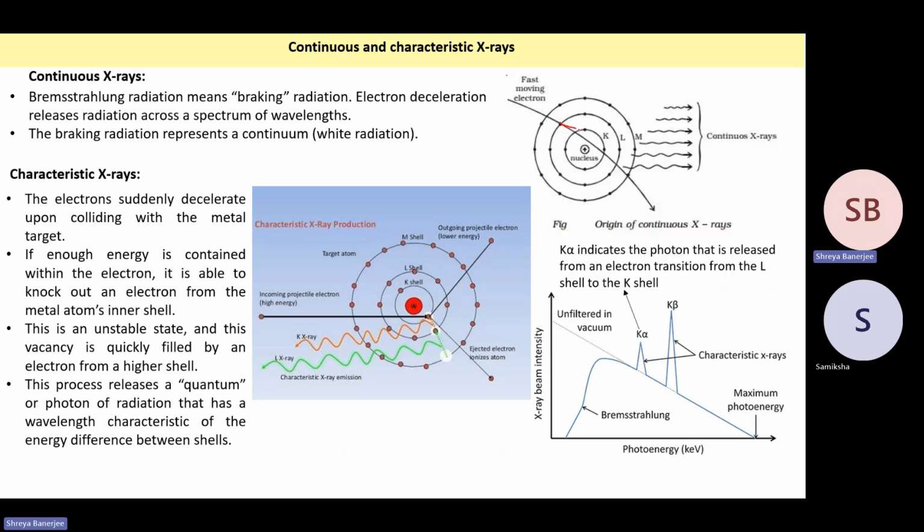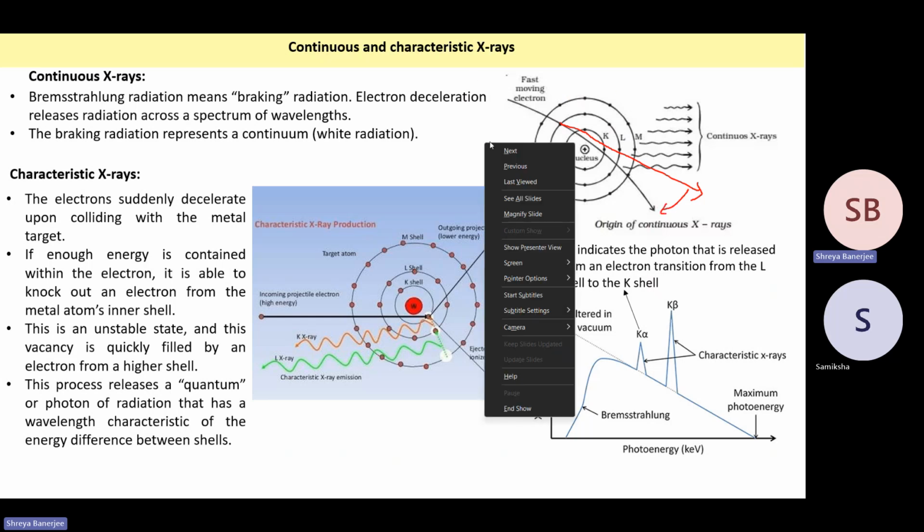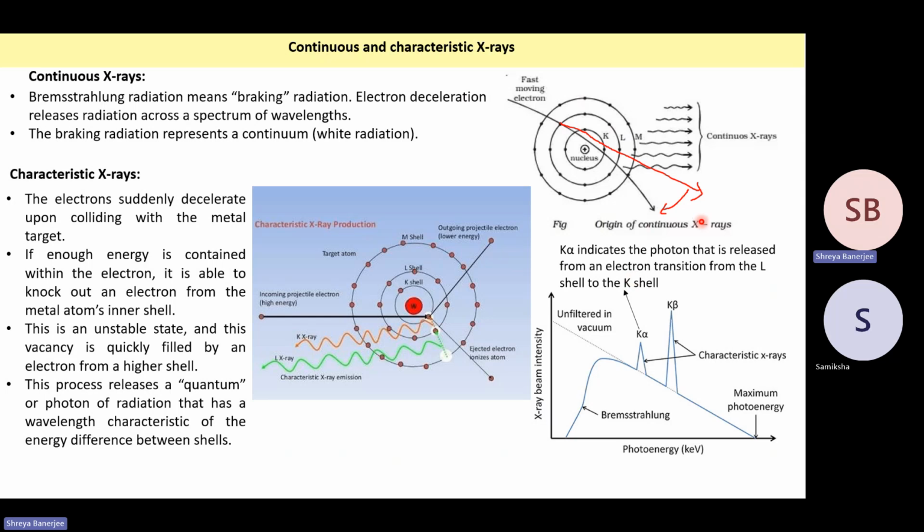So the electron, which was initially traveling along this direction, gets deflected by around this much when it is traveling through the atom of the anode. When this loss in acceleration happens, the kinetic energy that is lost is released in the form of X-rays. And these are continuous X-rays because they have a large range of possible wavelengths.